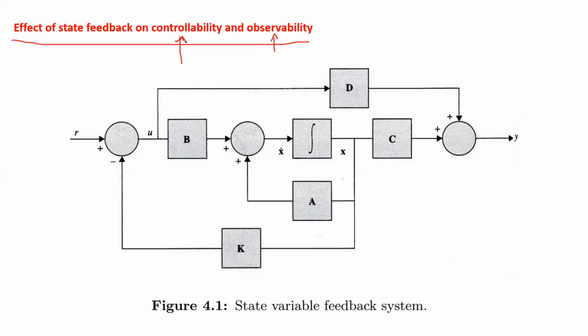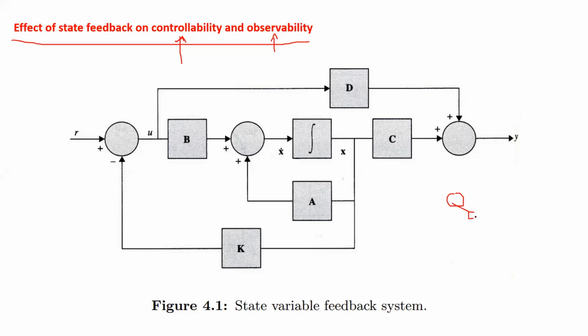What do you mean by Kalman's test? It checks the controllability as well as observability. To check the controllability, we need to form one matrix which is called the composite matrix QC.